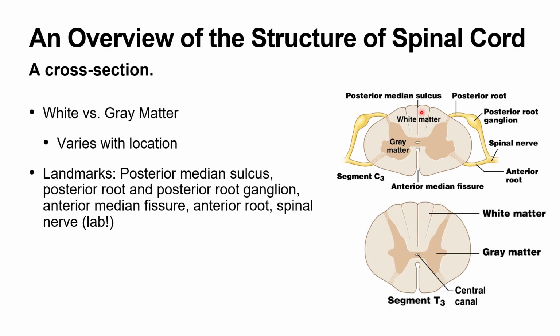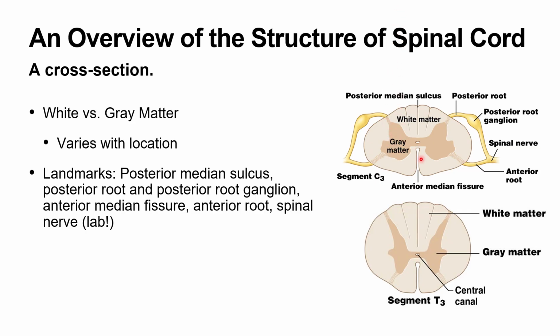That's because the white matter areas are going to be our areas of heavily myelinated axons, versus the gray matter, which is going to be our area of unmyelinated cell bodies. So the gray matter is where many of the different synapses are occurring between all of our different axons as they reach those portions of the gray matter.